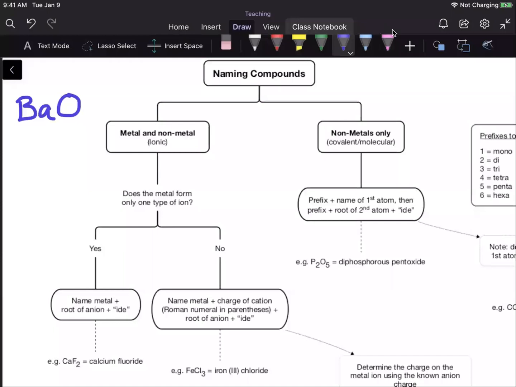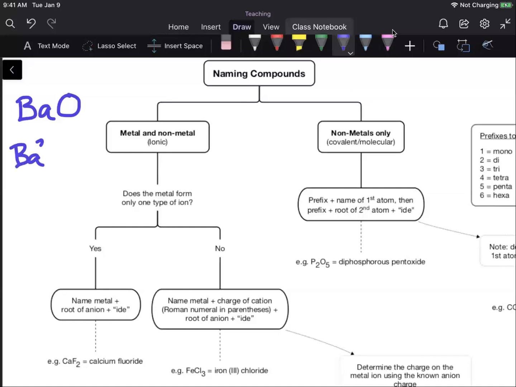All right, for our first example, we're going to look at the ionic compound barium oxide. There's the name. So let's look at when we're given this as a chemical formula. I see Ba and O. If I look at the periodic table, barium is group 2A, which means barium is going to have a plus 2 charge.